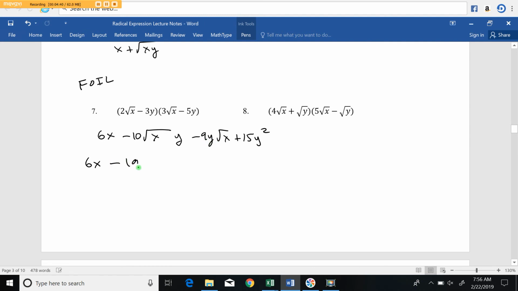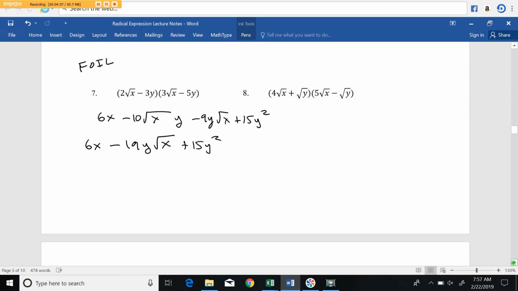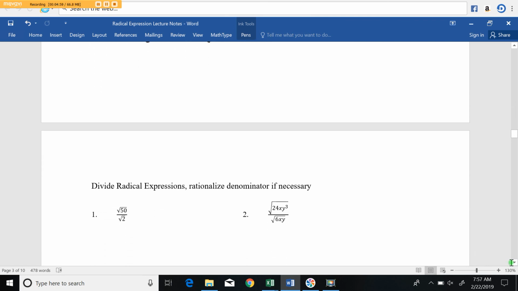That's minus 19y root x, and then plus 15y squared. So if you look at number 8, you'd do the same thing. FOIL, you'd do this product, and then the outer, and then the inner, and then the last.